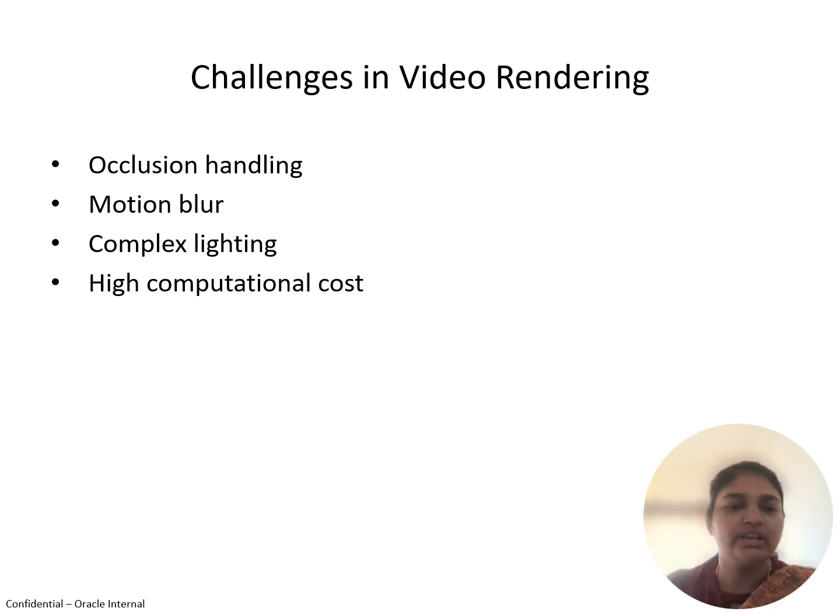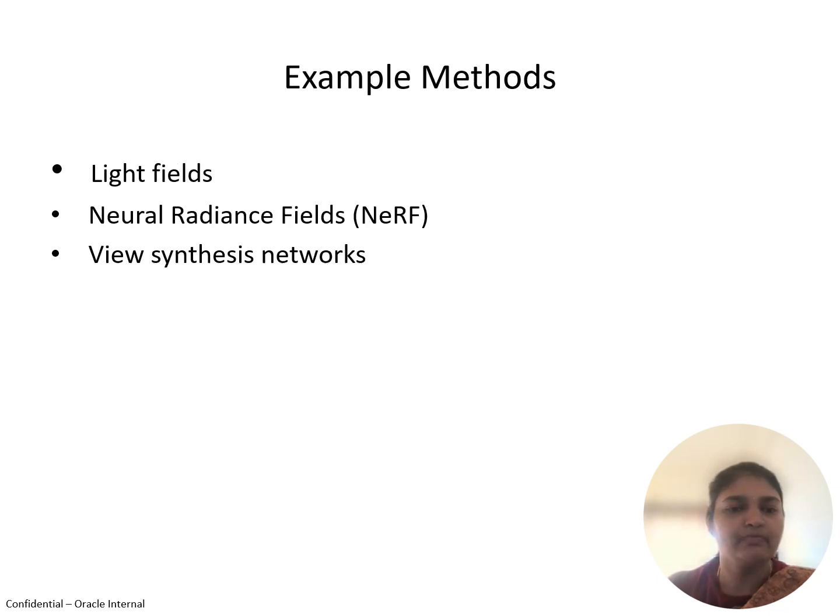These are the main challenges that are faced in video rendering: occlusion handling, motion blur, complex lighting, high computational cost. Example methods: light fields, neural radiance fields, view synthesis networks.